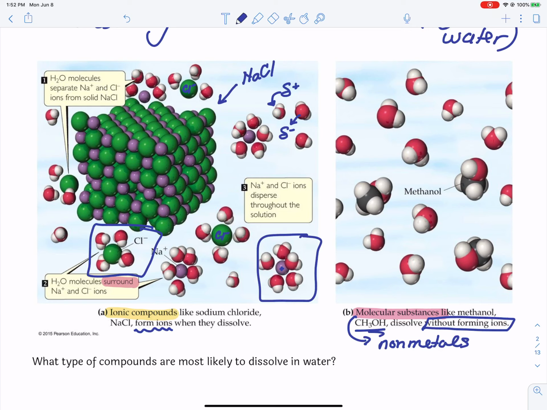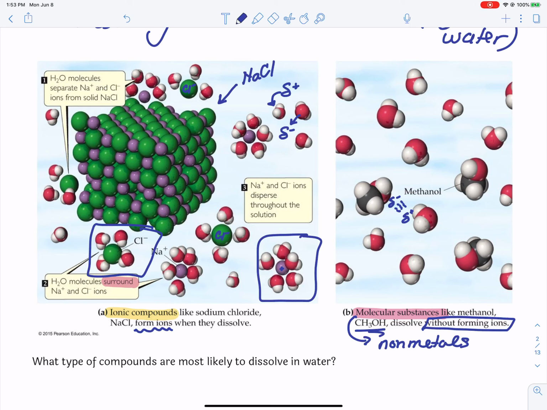When methanol dissolves in water, it doesn't dissociate, but we will see the same type of orientation, so that the negative side of water will be attracted to the partially positive side of methanol. This oxygen would be the negative side of methanol, because oxygen has those two lone pairs on it, and see how it is facing the positive side of water.